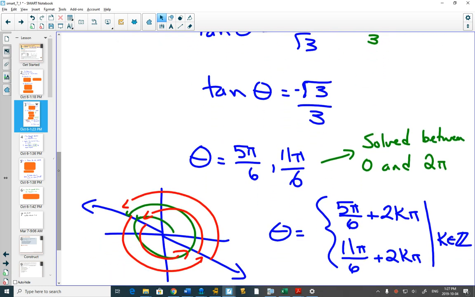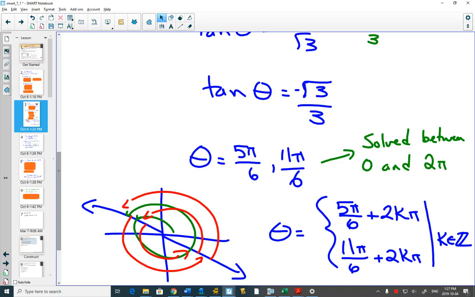We could say, well, I could take 5 pi over 6, and I could add 2 pi as many times as I want. So 2 pi times k. You'll find that they put the k in between the 2 and the pi. But it's just 2 pi times k. And you do the same thing with 11 pi over 6. And you could leave your answer like this.